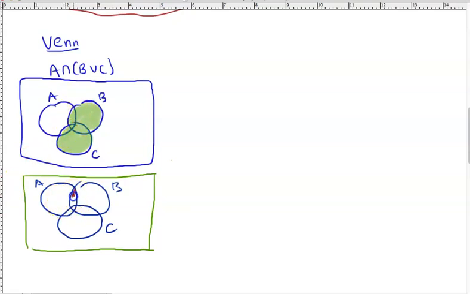Okay, so I'm going to shade that in like that. So the intersection is going to be this. So this right here is B union C, and this right here is A intersected with B union C. Okay, so we're going to stop there and look at the other side.